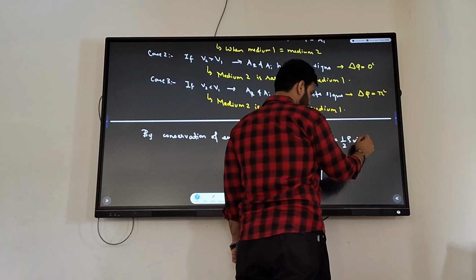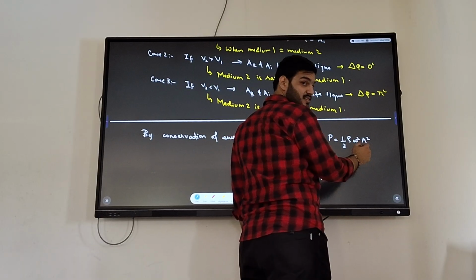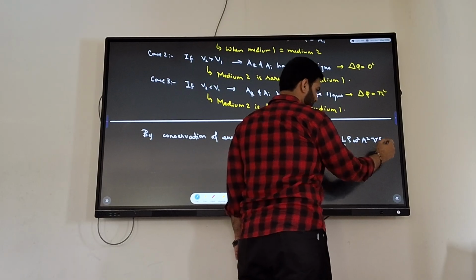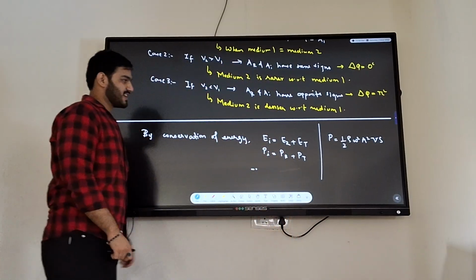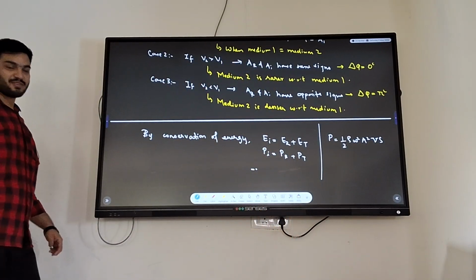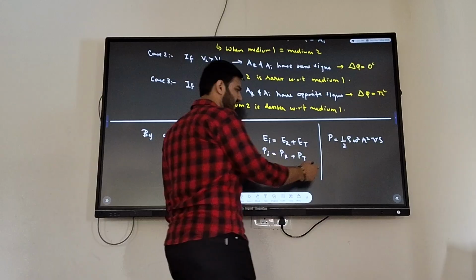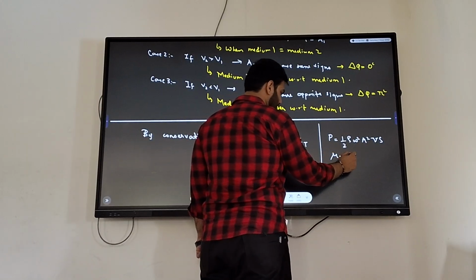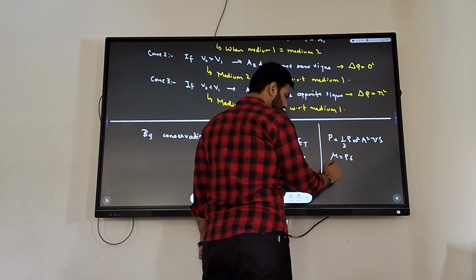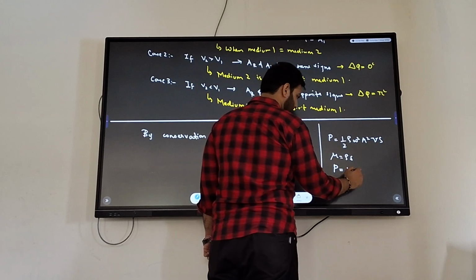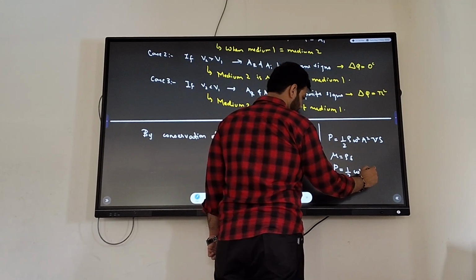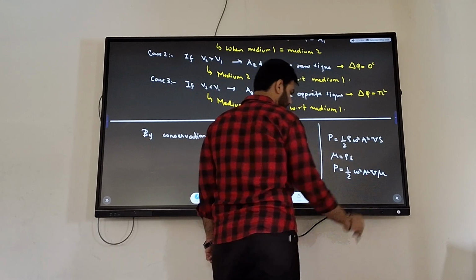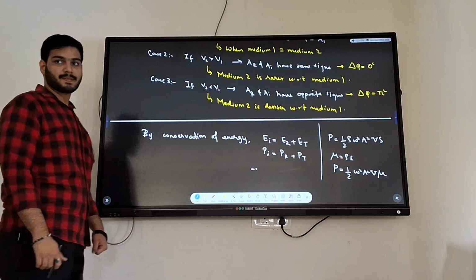Half omega square A square mu V. Very good. And what is the mu? Mu can be written in terms of rho, no? Then I can even write power as half omega square A square V rho. Is it correct? Yes. Okay.